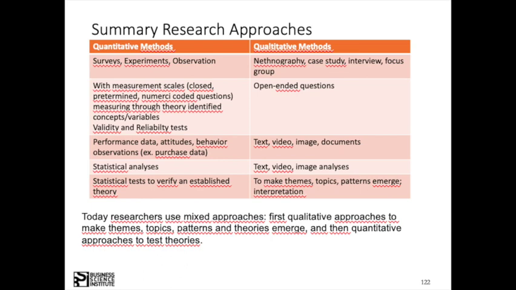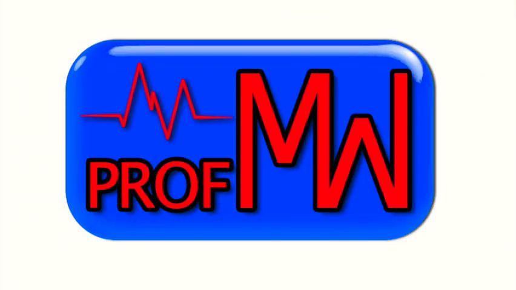Whereas for qualitative approaches, one uses themes, topics, patterns to emerge in order to interpret the data. Today, researchers use both approaches, which is also called mixed approaches. First, they use mostly qualitative approaches to make themes, topics, patterns, and theories emerge. And then they use quantitative approaches to test the theories.